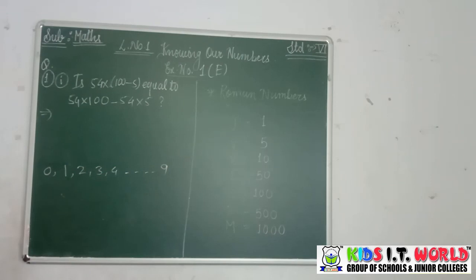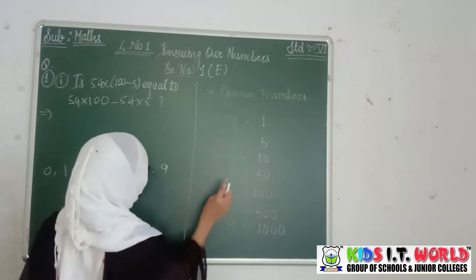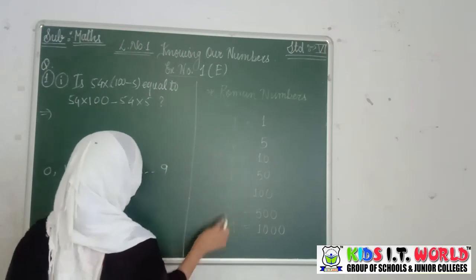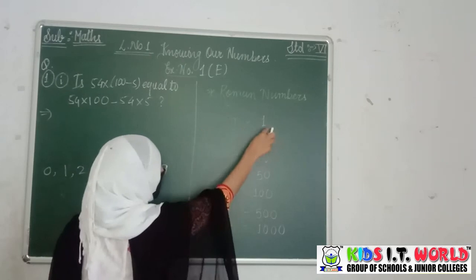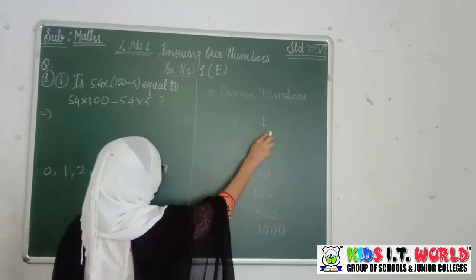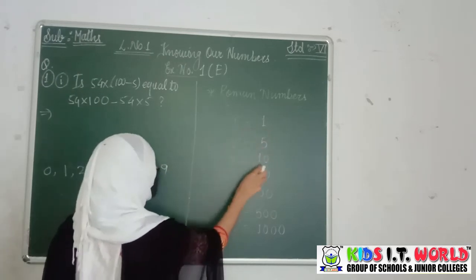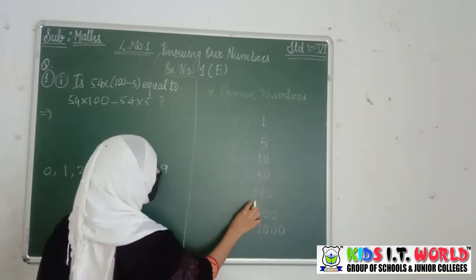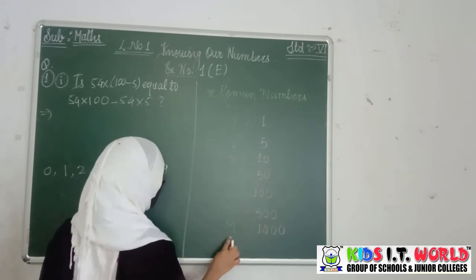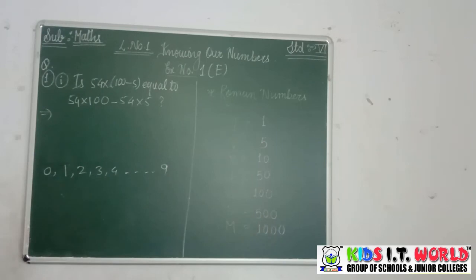But in the Roman numeration we use only 7 symbols to write any number, and the symbols are I, V, X, L, C, D and M. The values of these symbols are: I stands for 1, V for 5, X for 10, L for 50, C for 100, D for 500 and M for 1000. In this way, using these 7 symbols, you have to write the Roman numbers, and how to add the Roman numbers, and how to convert Hindu-Arabic numerals into Roman numerals.